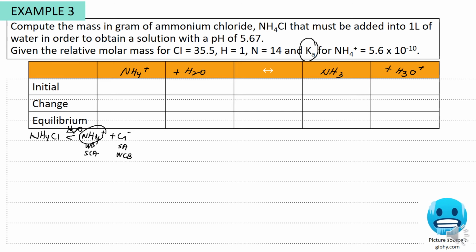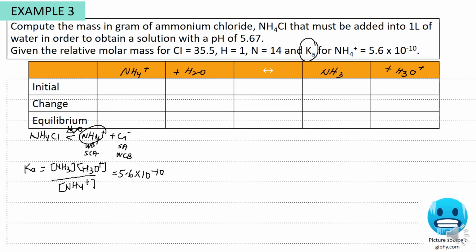So Ka from the ICE table is the NH3 concentration times the H3O plus ion concentration, divided by NH4 plus, where Ka is 5.6 times 10 to the power of negative 10. Okay, so we fill in the table.